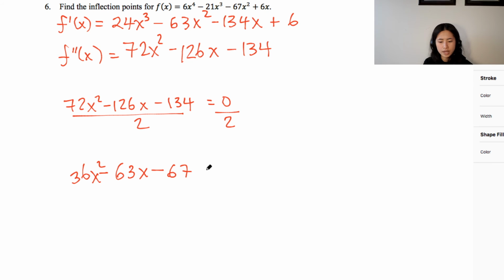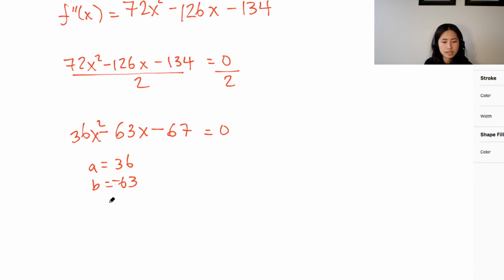Once we have that, we're ready to use the quadratic formula. Our a is 36, b is negative 63, and c is negative 67. Here's the quadratic formula: negative b plus or minus the square root of b squared minus 4ac, over 2a.